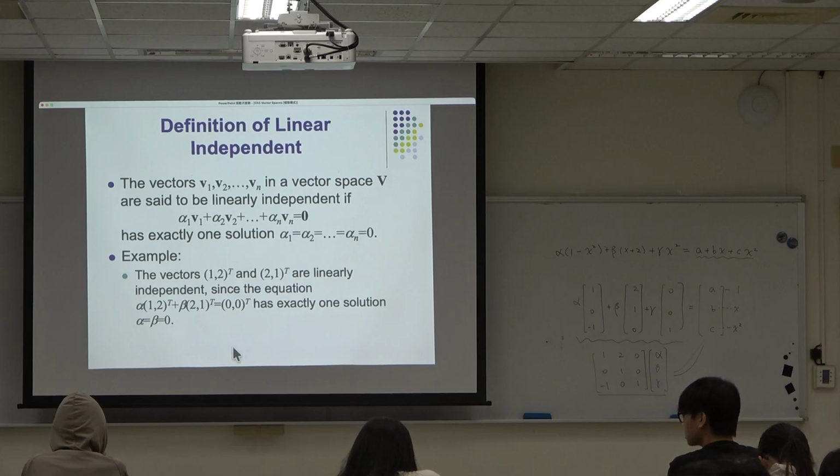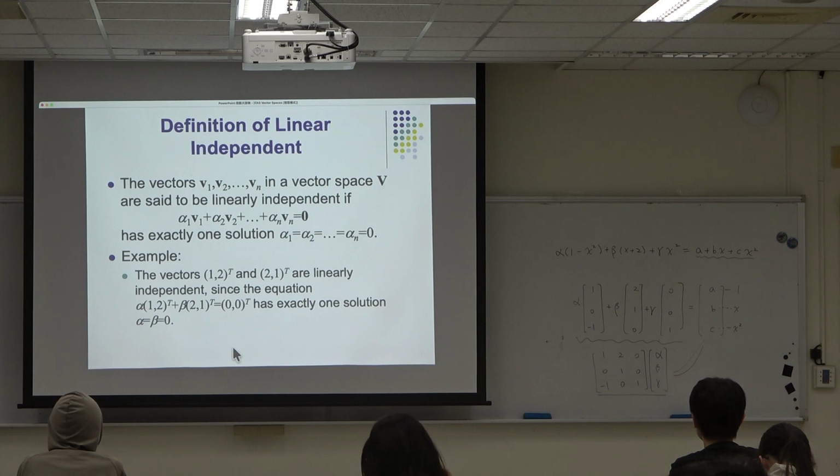Given a set of vectors, they are said to be linearly independent if alpha 1 b1 plus alpha 2 b2 plus and so on plus alpha n bn equal to 0 has exactly one solution: alpha 1 equal to alpha 2 equal to and so on equal to alpha n equal to 0.